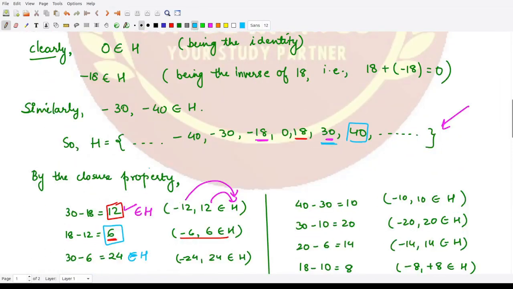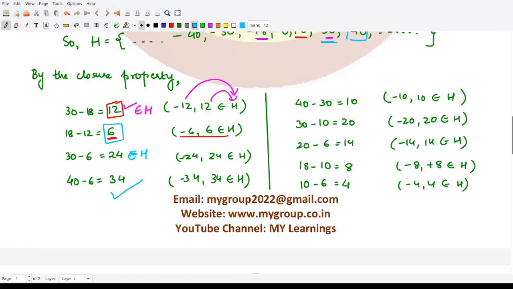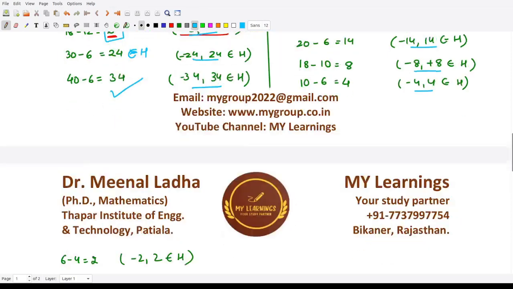So you see, we have members like minus 12, 12, minus 6, 6, minus 24, 24, minus 34, 34, minus 10, 10, minus 20, 20, minus 14, 14, minus 8, 8, minus 4, 4, and so on.